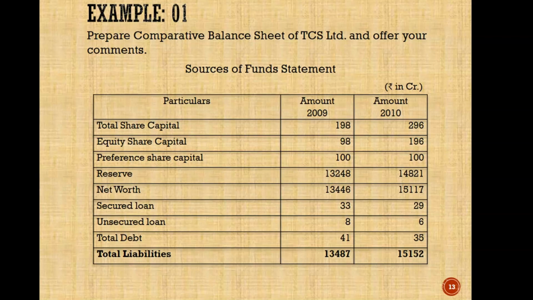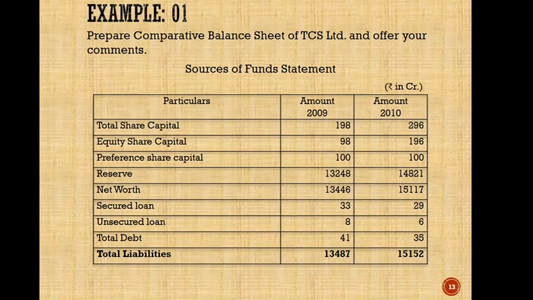Then the next point is secured loan. The amount of secured loan in 2009 is 33 and in the year 2010 it is 29. Unsecured loan in 2009 is 8 and it has decreased to 6 in the year 2010. Now the next point is total debt.